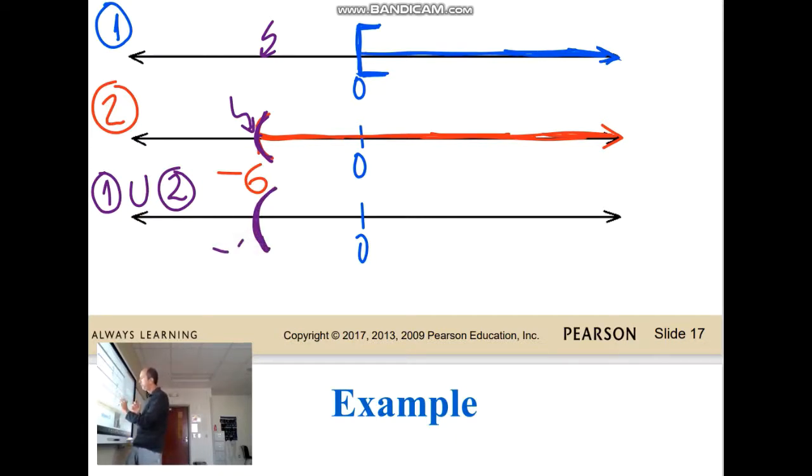This part is included in one set, and this part here is included in both. So the union is going to be this last line here, as you can see. The set of numbers that is included in either one or the other set, you put together and define the union.